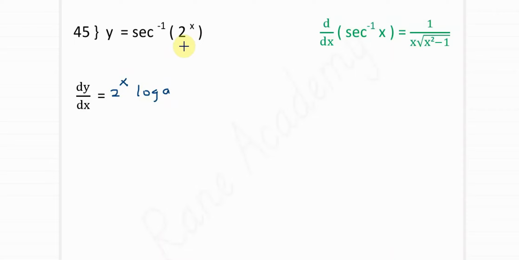So instead of x we have 2 raised to x. So what we write, 1 upon, instead of x we write 2 raised to x, under root of x square, that is 2 raised to x whole square will be 2 raised to 2x, minus 1. So this is the required answer.